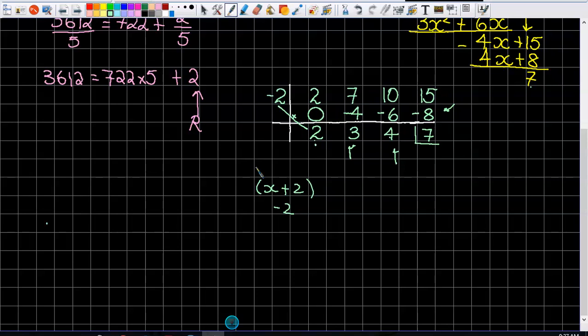That would make x plus 2 a factor, or it would make minus 2 a 0, root, or x-intercept. But when there's a remainder, then you cannot factorize this nicely by pulling out a common factor of x plus 2.